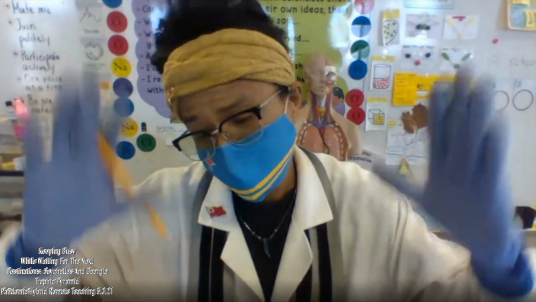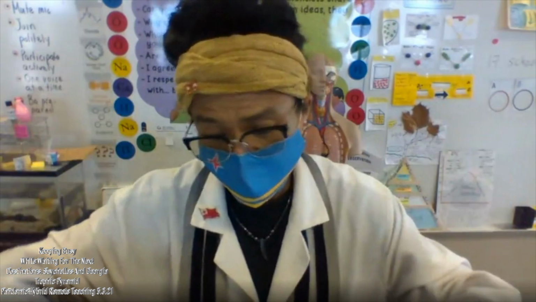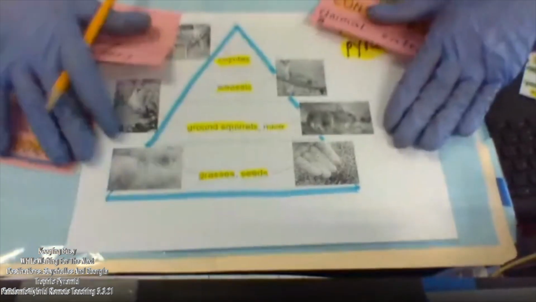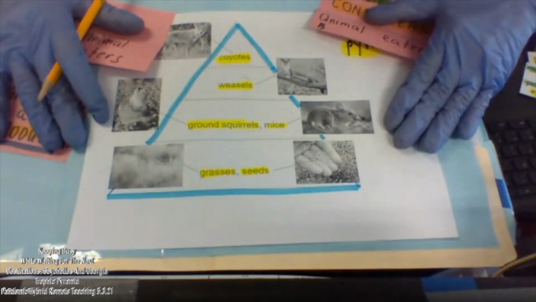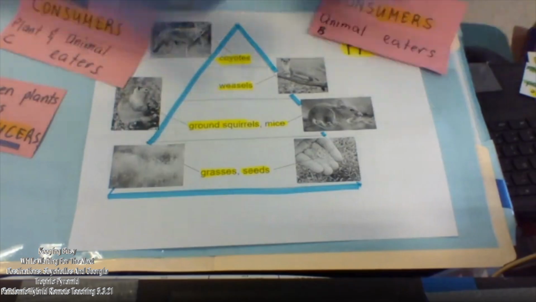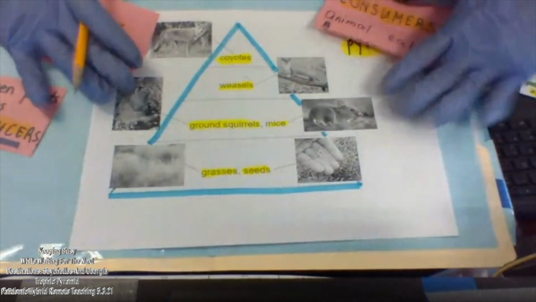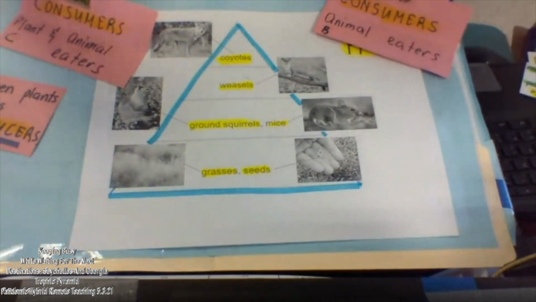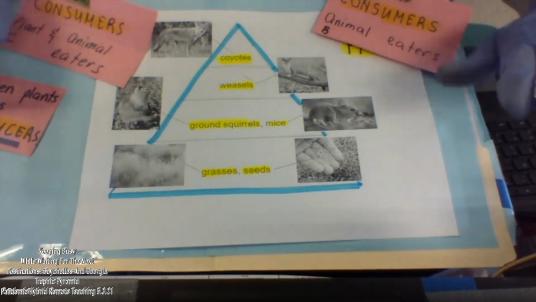All right, last but not the least, in this pyramid once again, how many producers do we have here? Now back to the count. Look at the pyramid. How many producers are present? I'm going to use the word species.